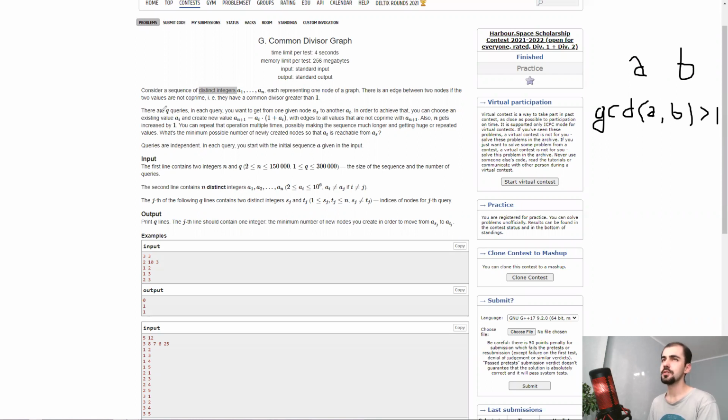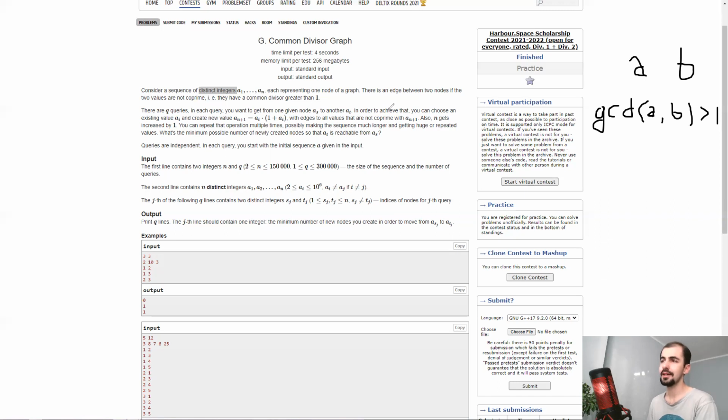What they want us to do is answer Q queries of the following type. In each query, we want to get from one given node AS to another, AT. So there's a starting node and a terminal node. In order to achieve that, we can choose an existing value AI and create a new value, a(n+1), because we had n vertices already, and we create a(n+1), which is AI times (1 plus AI).